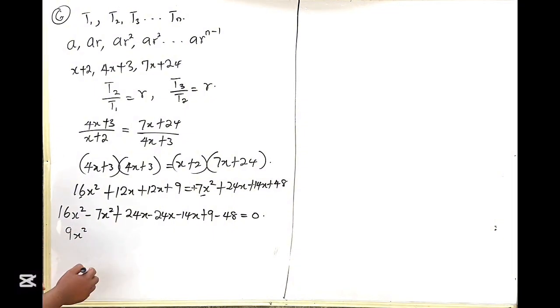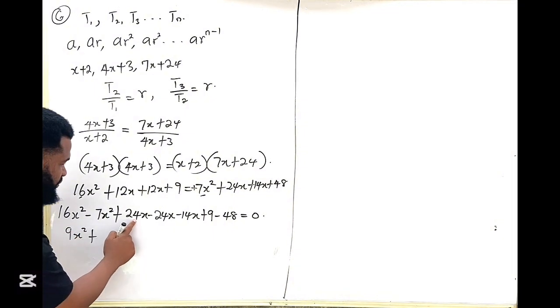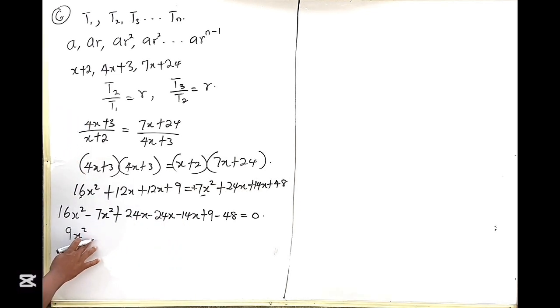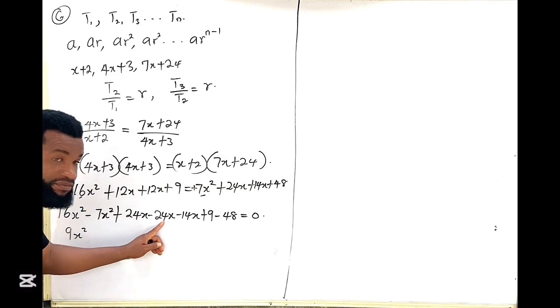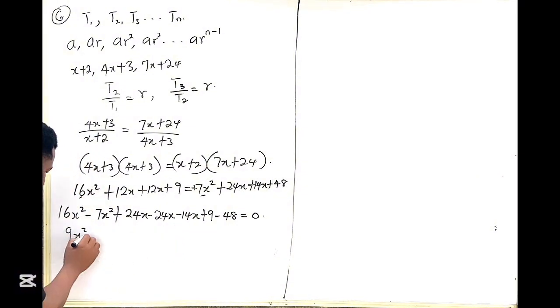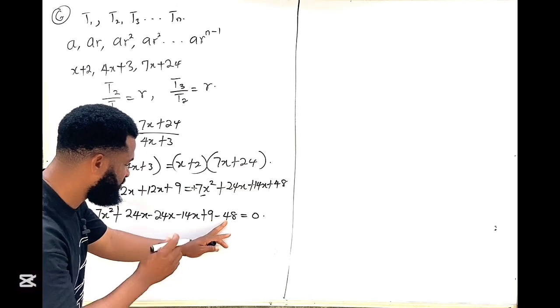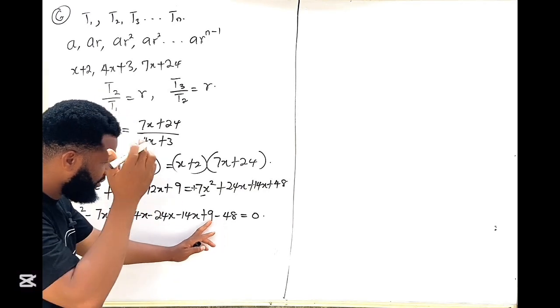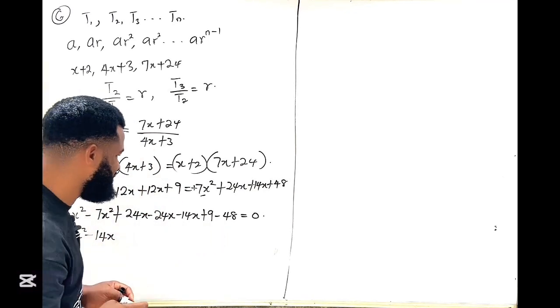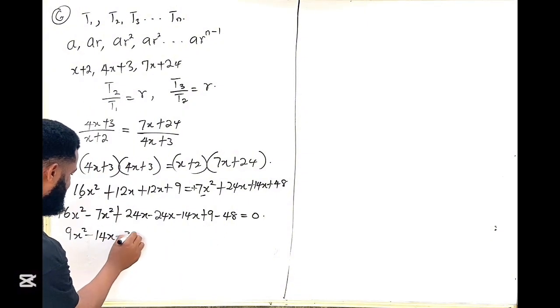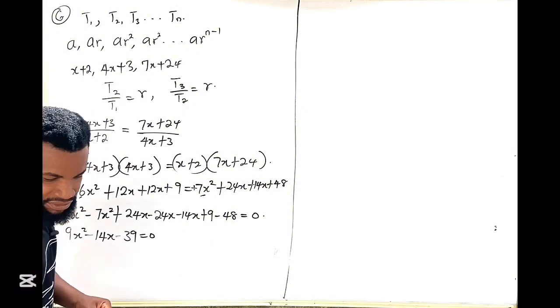Then 24 minus 24 is 0, so that plus is not going there. What is left is minus 14x. Then the next thing is 9 into this. So 9 minus 48 is supposed to be minus 39, and everything is equal to 0.